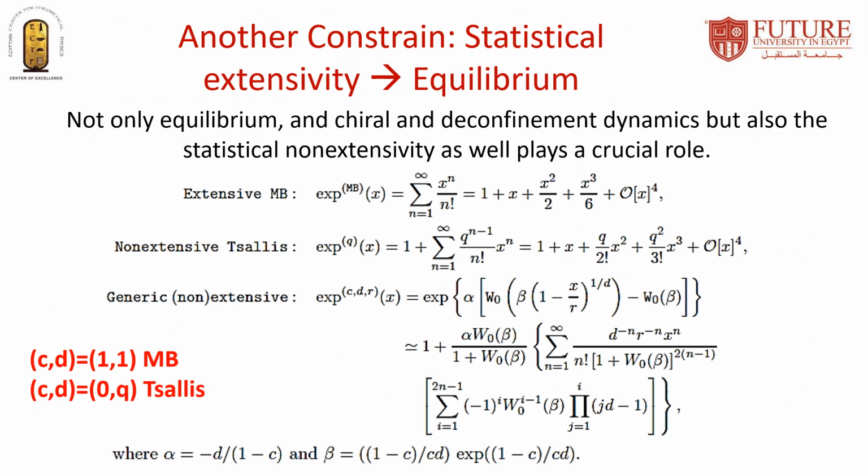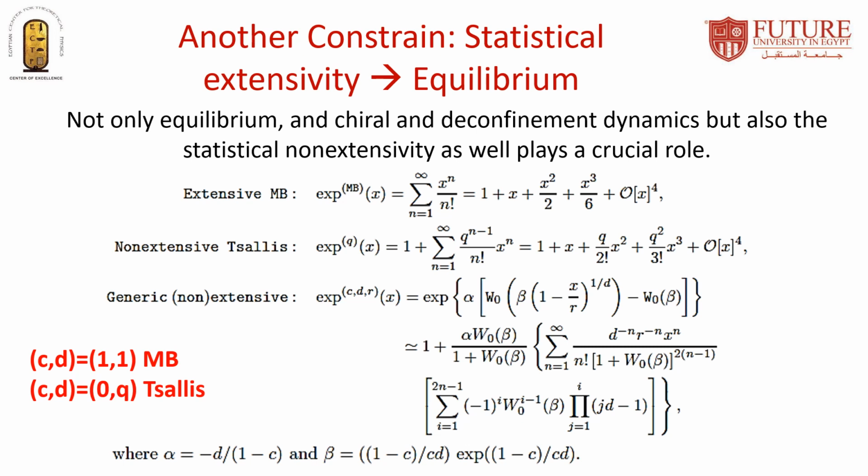I mentioned that the other constraints from the theoretical point of view are the statistics. Usually we use the Maxwell-Boltzmann statistics. I'm just showing you the exponential function here, and in some studies people use the Tsallis statistics, which is a kind of non-extensive statistics.